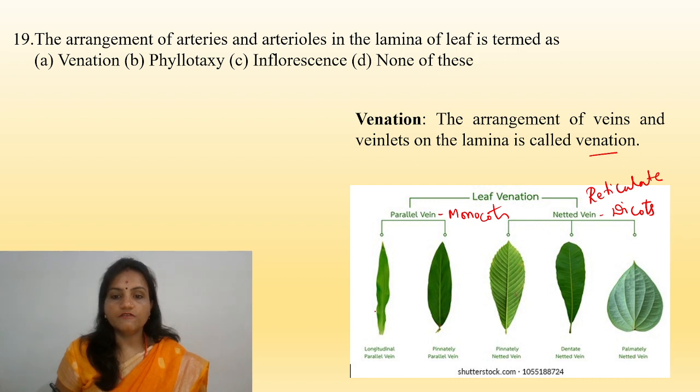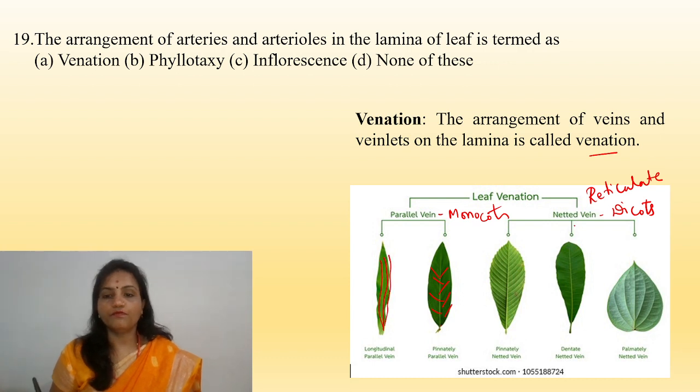In case of parallel venation, the veins are parallel to one another. There could be a prominent midrib or there could be no prominent midrib. Whereas in netted, you will see that there are veins running out and again they form a net-like structure.